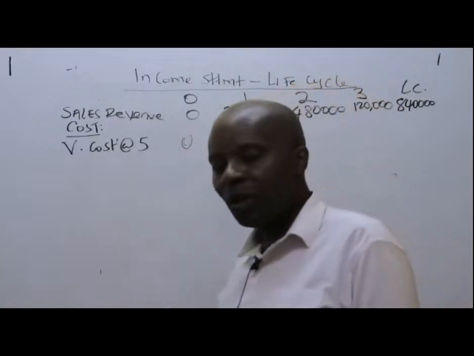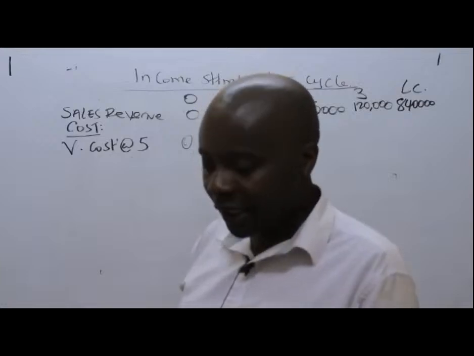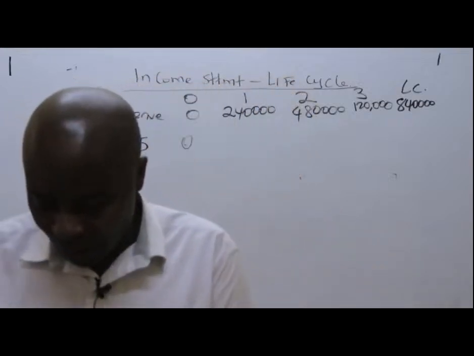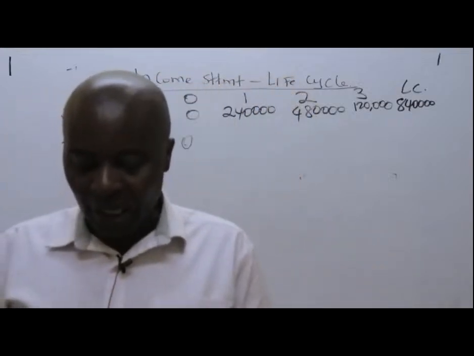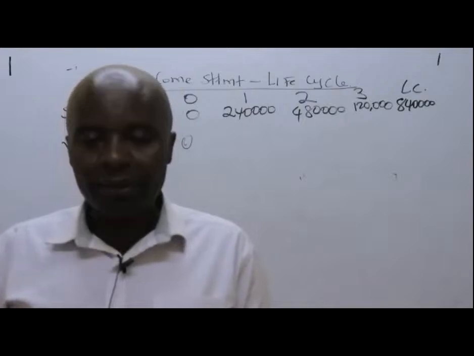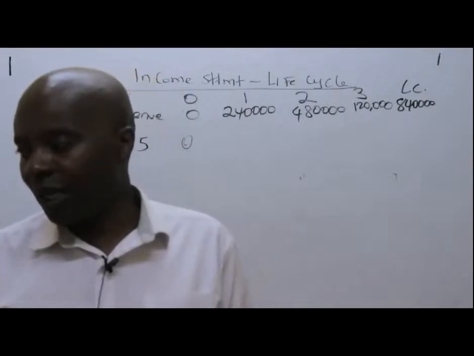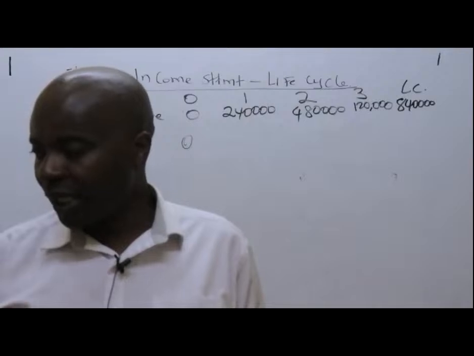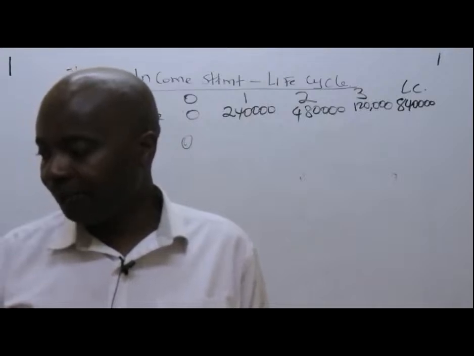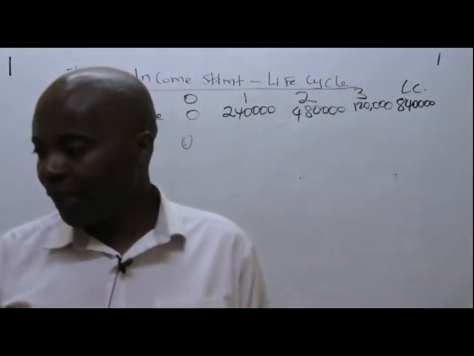Year 1, units are 80,000. So 80,000 units times 5. That will give us what figure? Please give me an answer.